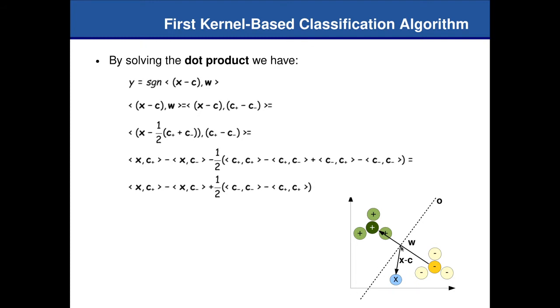And that's going to be a position vector exactly in the middle over here. So proceeding with the substitution of this c, I will have 1/2 times c plus plus c minus. That's what we have in here. What can we do at this point? We can distribute this x inner product with this c plus, and this x inner product with this minus c minus.